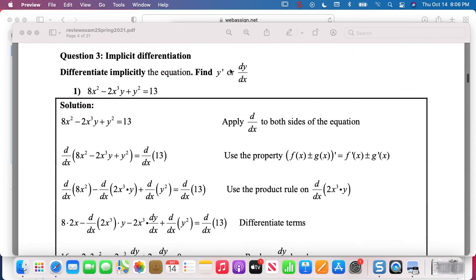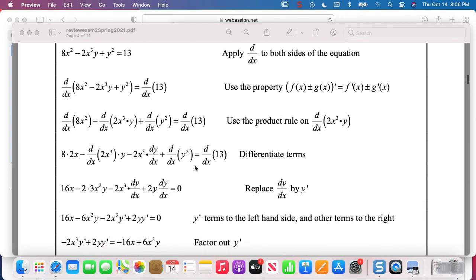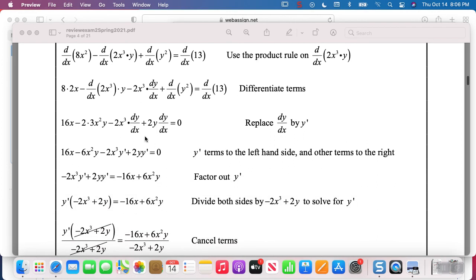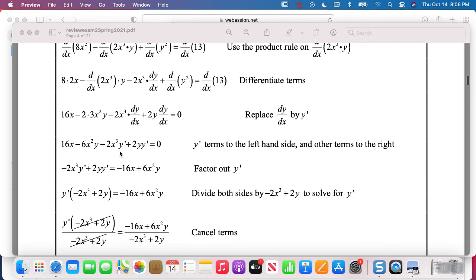So if I replace dy/dx by y prime, it's the same thing. Now I have y prime here and y prime there. What I'm going to do is take terms that do not have y prime and move them to the other side. So I subtract 16x and then add 6x squared y, which brings this 2 over here.